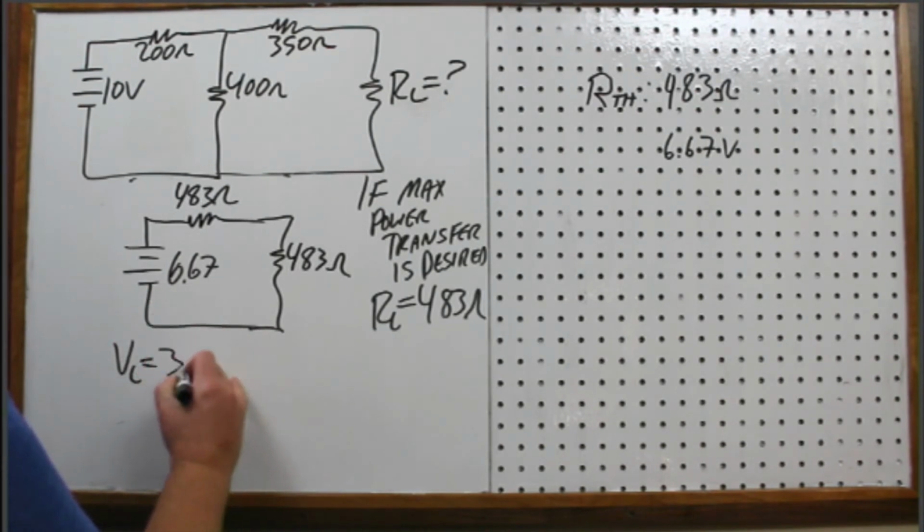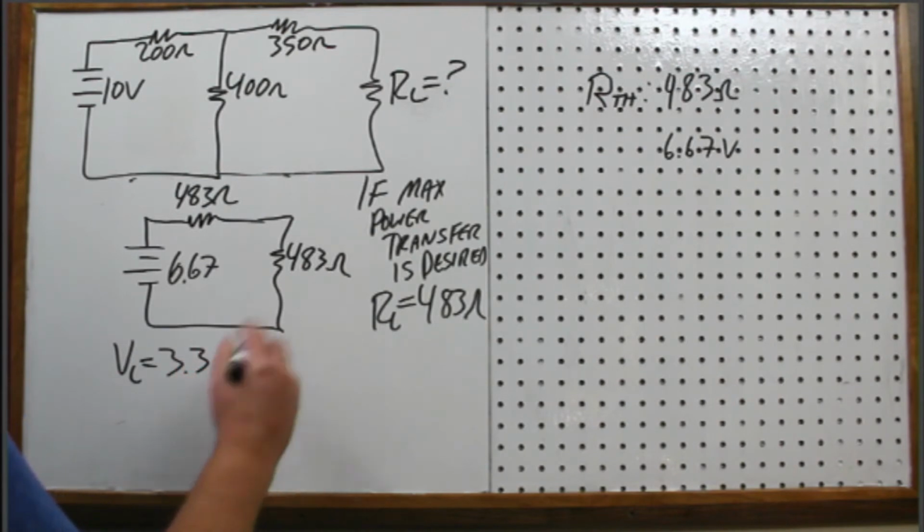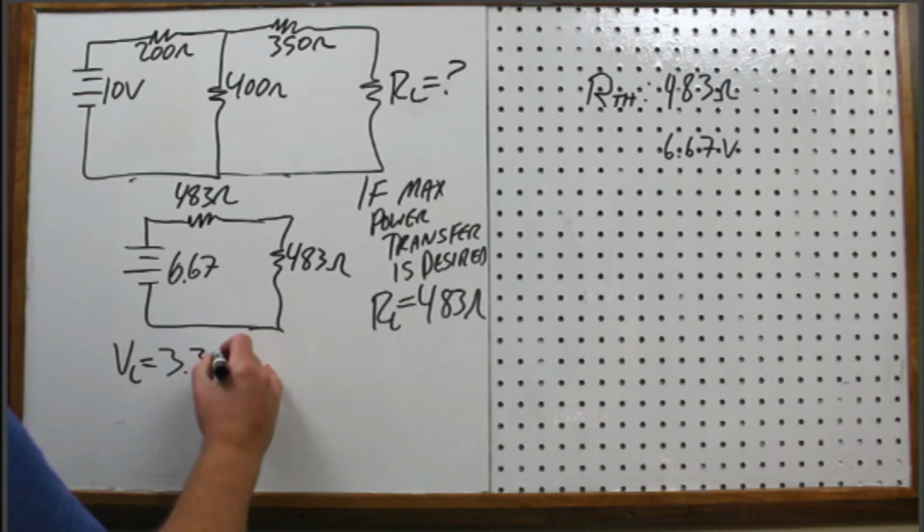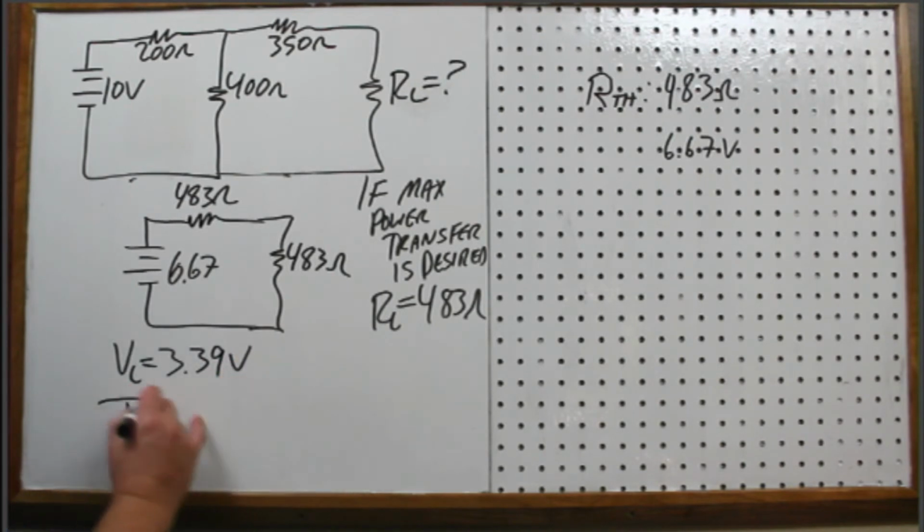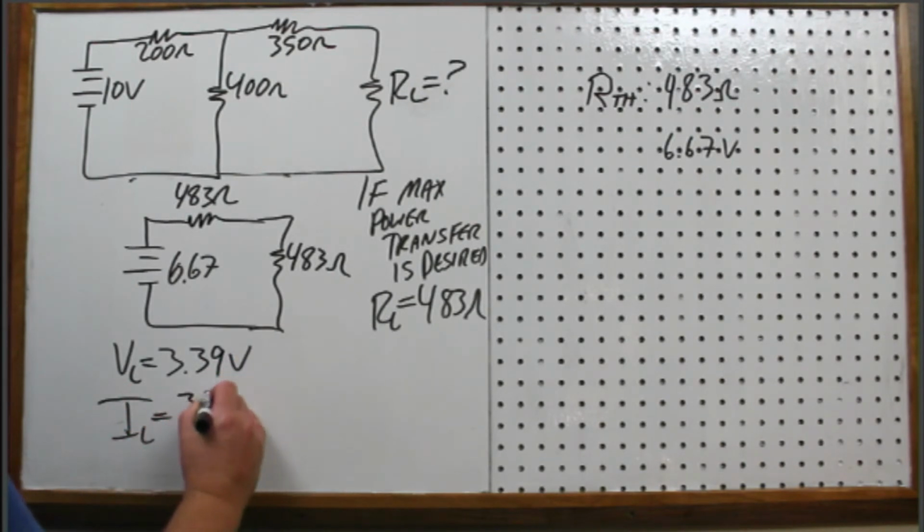So you've got 3.3, what is that, 8? Call it 3.39 volts. And then the current through the load is going to be 6.67 volts.